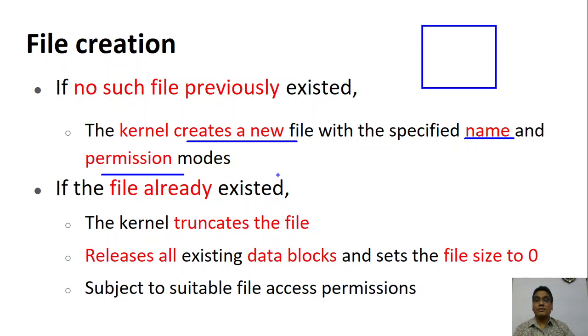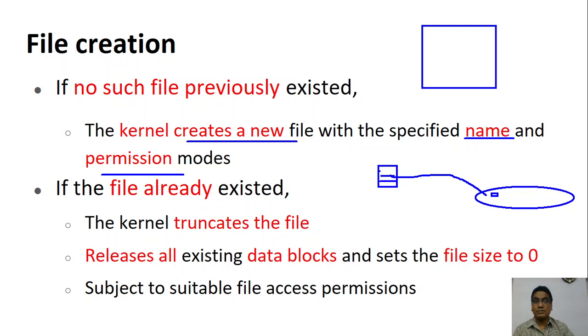However, if the file is already existing in the disk, then we know that that file will be associated with the inode that is pointing to the disk. So if the file already exists, then the creat function will release all the blocks that are associated with that particular file.